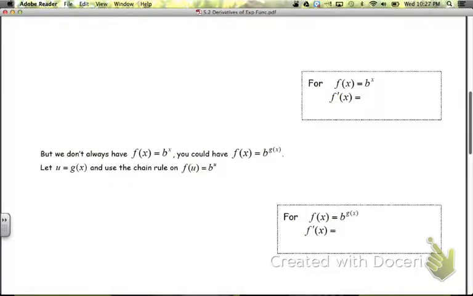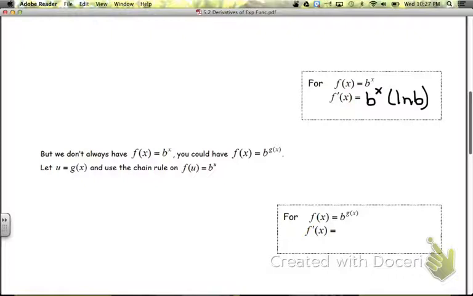So in summary here, for f of x equals b to the power of x, f prime of x is equal to b to the power of x ln b. But we don't always have f of x equals b to the power of x. You could have f of x is equal to b to the power of g of x.